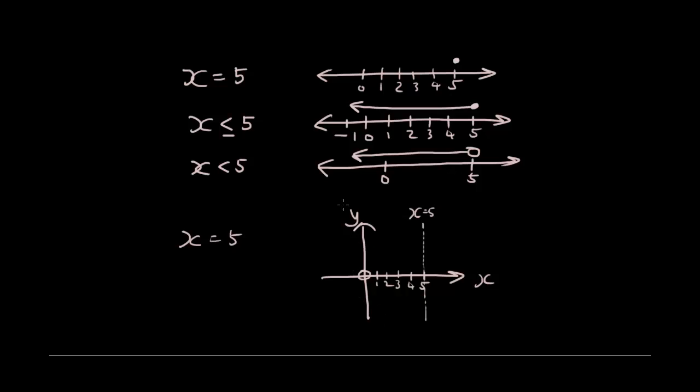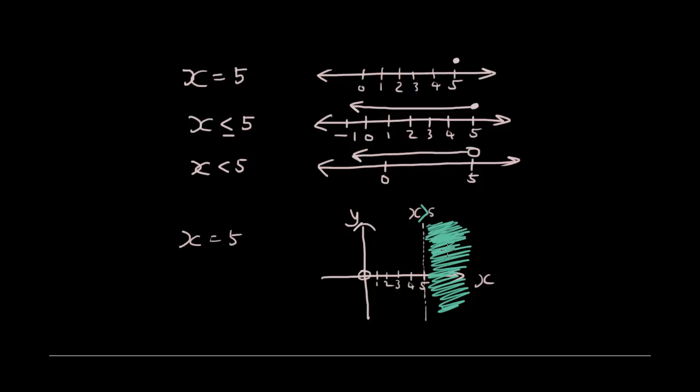But what if we want to draw x is larger than 5? I change this now to x is larger than 5. What you would do is highlight the entire area to the right hand side of x equals 5.